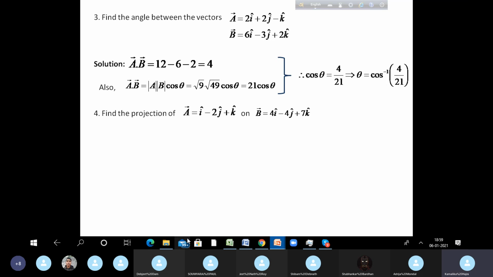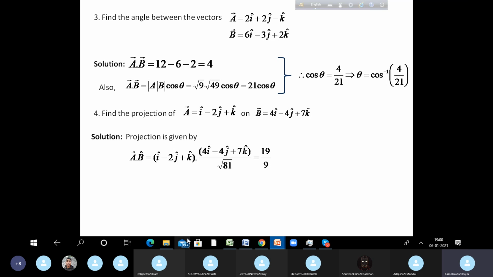Next problem. This again is a very important type of problem. Two vectors are given. You are asked to find the projection of A on B. Projection of one vector on another. For this, the only thing that you need to remember is that you have to take the unit vector along the vector on which the projection is asked to be taken.